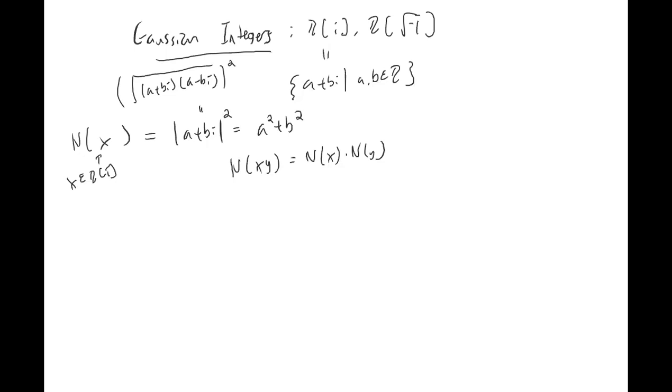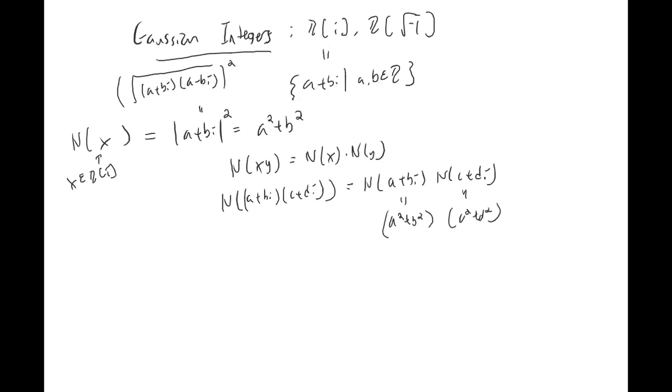What I mean by check is, if x was a plus bi and y was c plus di, here you would do the multiplication first and then take the squares, as opposed to here, where the norm of a plus bi is a squared plus b squared, times c squared plus d squared. So you could check that it's multiplicative.